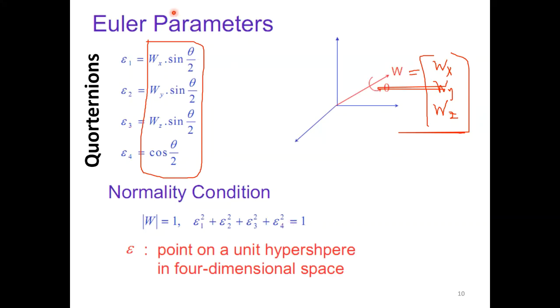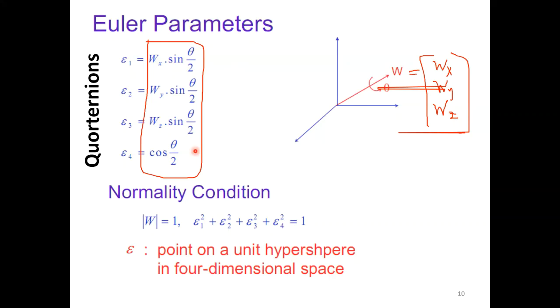So if you do it here, Wx, Wy, Wz, and cos theta by 2, right? Get the square of here, square here, square here, square here. What do you get? Wx square plus Wy square plus Wz square, times sine square theta plus cos square theta, right?